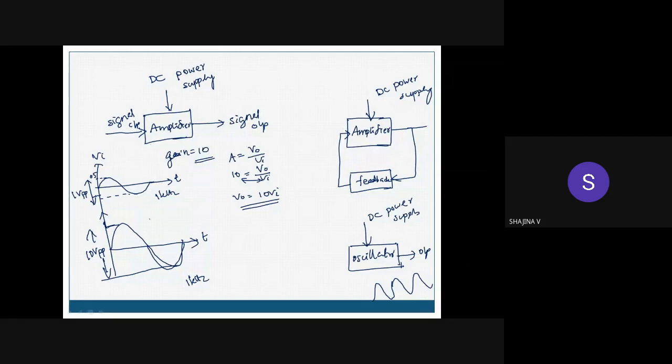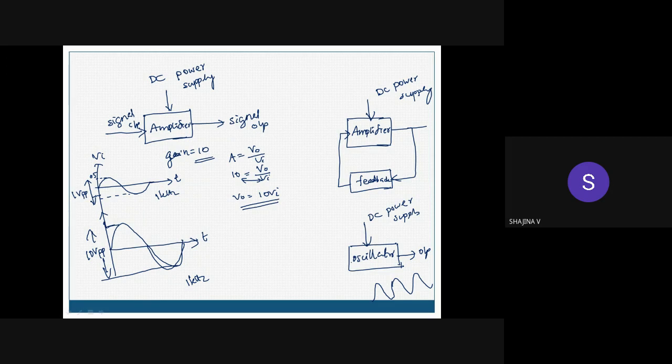In the case of an amplifier, we can get a sinusoidal signal like this at the output, but we have to apply an input signal. So for an amplifier you have to apply an input signal, and using the energy from the power supply, it will amplify the signal, and you can get the amplified signal at the output. But in the case of an oscillator, we are not using any input signal.